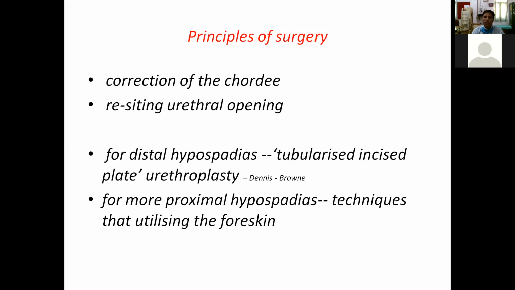So first what we should do is correct the chordee, excise this fibrous cord, make the penis straight. Once you excise the fibrous cord, the external opening still recedes back. So allow it to recede back as far as it goes. Then from that point, you try to reconstruct the urethra and site the urethral opening in its normal place.